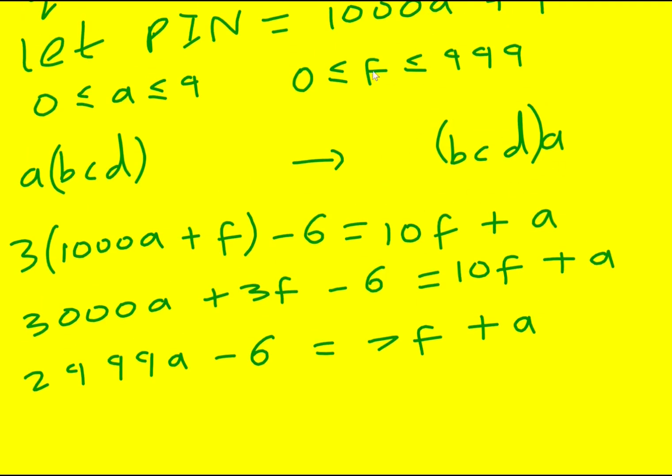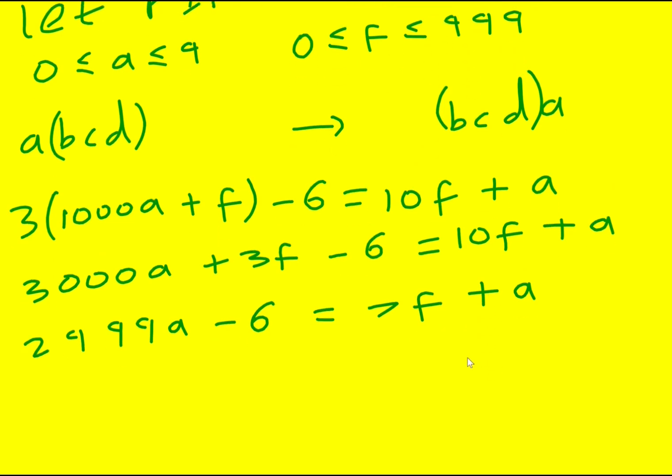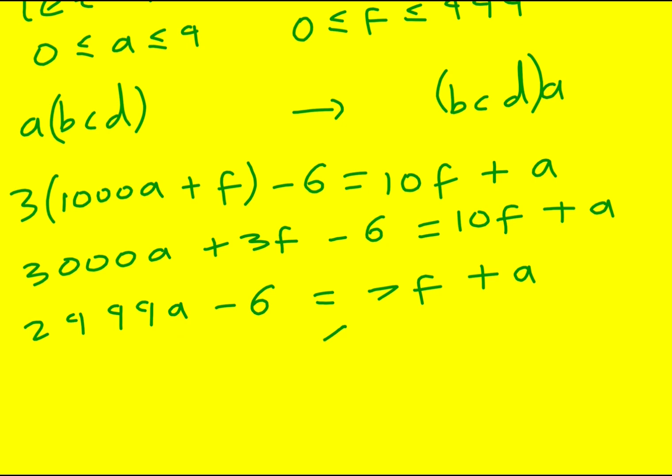Now remember, I said that f is between 0 and 999. So this is essentially going to be less than 8,000. It's a bit of a rough argument, but maybe I should say 8,000 plus a or whatever. But again, we can see that a is equal to 1 or 2, because otherwise it would be too big.